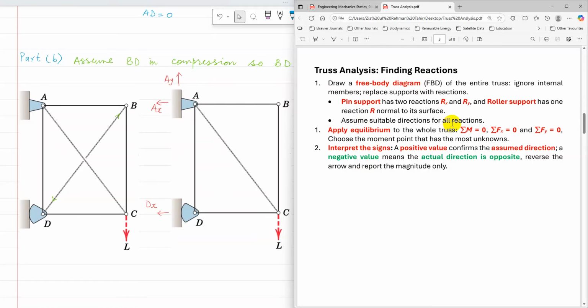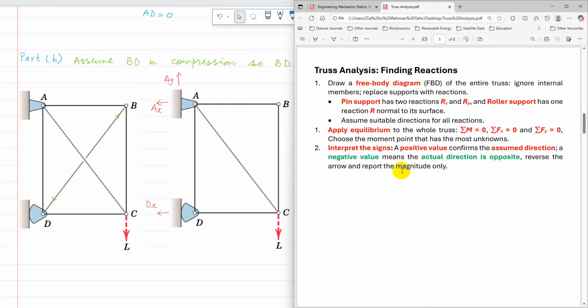Assume a suitable direction for all reactions. You can choose any direction, but when you get the results, a positive value of reaction confirms the assumed direction, and a negative value means the actual direction is opposite. So you need to reverse the arrow and use that magnitude only, meaning just ignore the negative sign and use its value.